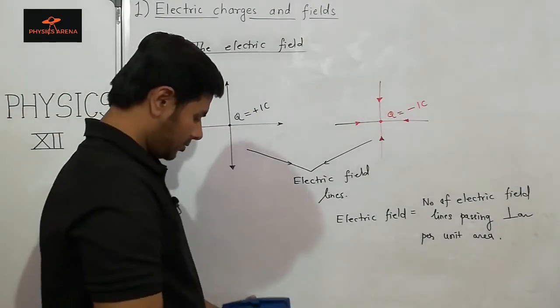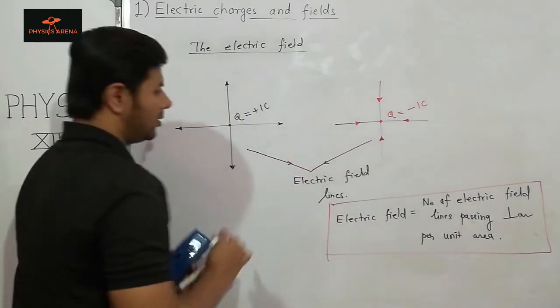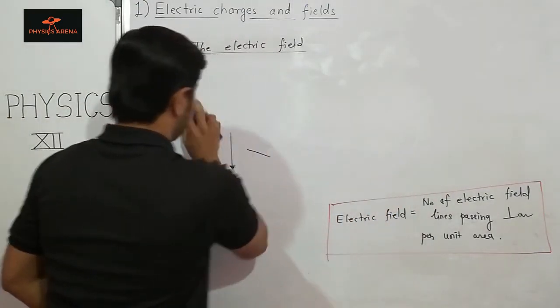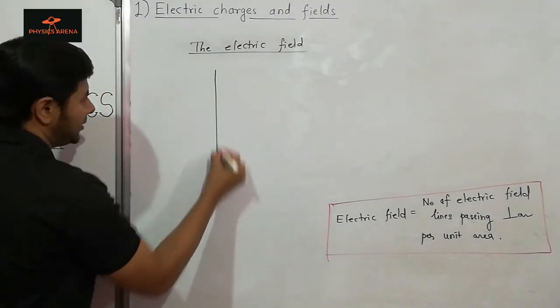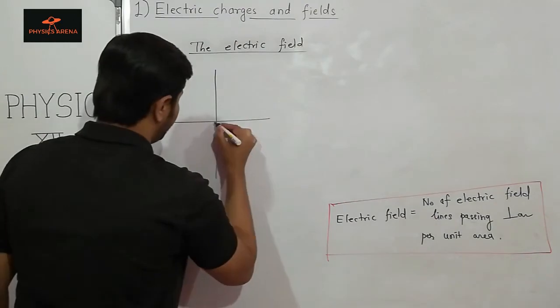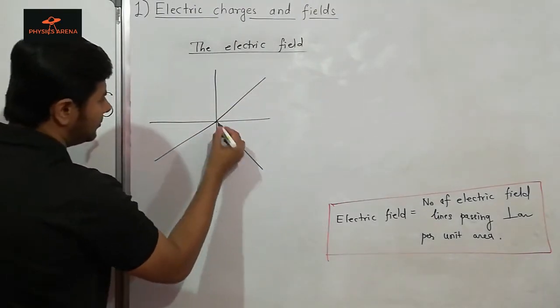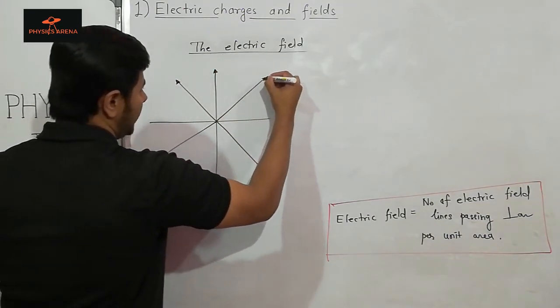Okay, so let us try to understand this definition of electric field. So suppose we have any positive source charge, and these are the electric field lines for that charge.